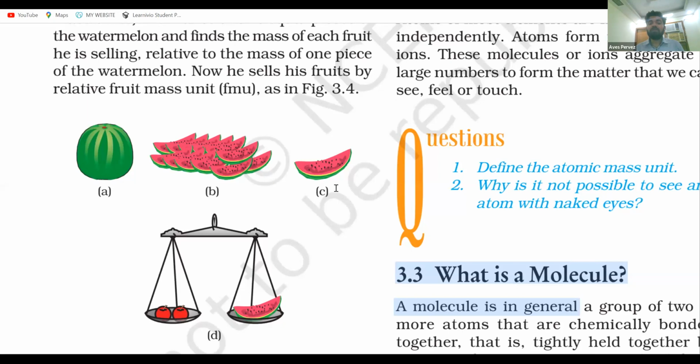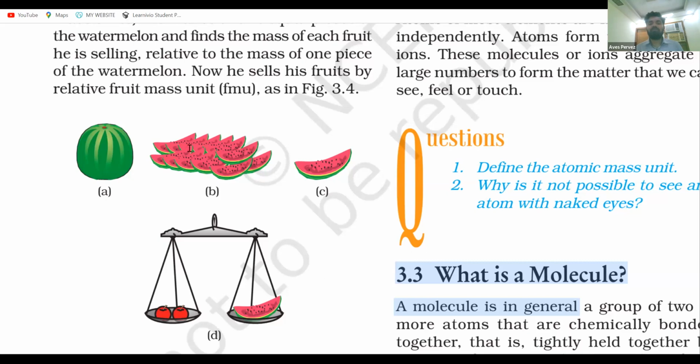Then only one piece is considered to be the standard mass. Any 1/12 part of a carbon atom is considered the standard mass. We take this one piece, keep it here, and start comparing. This one piece will be equal to the mass of one hydrogen atom.